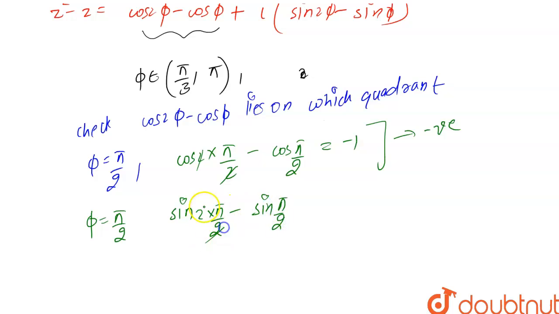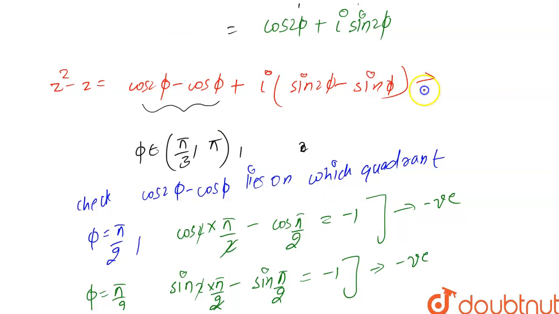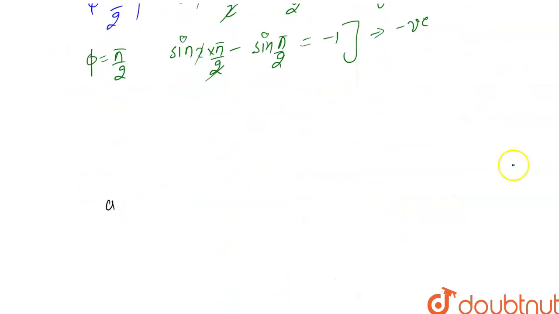Here sin pi is 0 and sin pi by 2 is 1, so it again gives a negative value, so it is also negative. So we can say that this complex number, z square minus z, lies in the fourth quadrant, right?